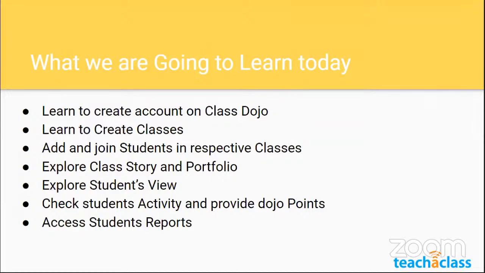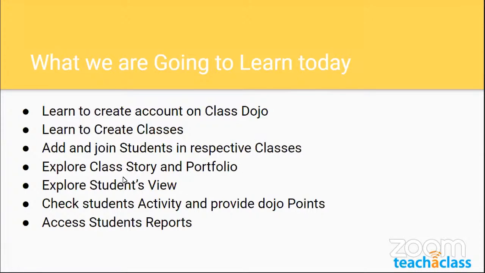So what are we going to learn today? We are going to learn how we can create an account on ClassDojo if we are using it for the first time, how we can create classes, then how a student can join our respective classes. Then we will explore the class story and portfolios sections.